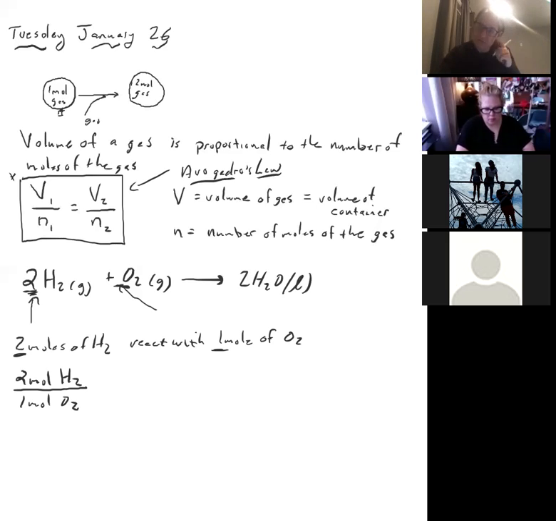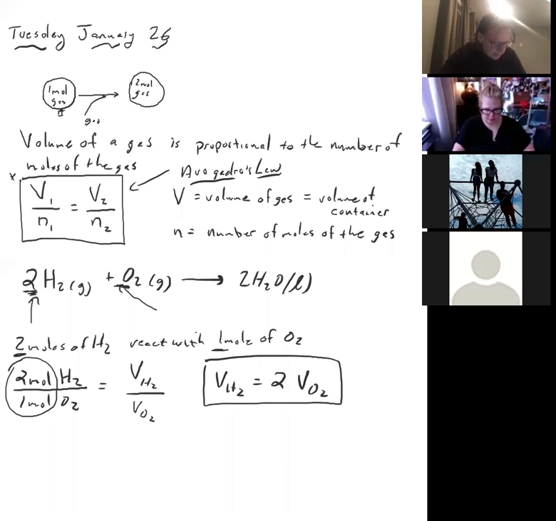That relationship between volume and moles is that we can make a proportion out of that and say that the volume of H2 is related to the volume of O2. And the ratio here is 2 to 1. So what that means is the volume of H2 will equal 2 times the volume of O2.